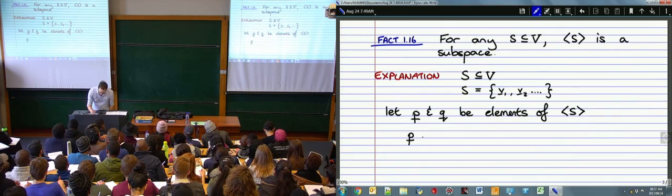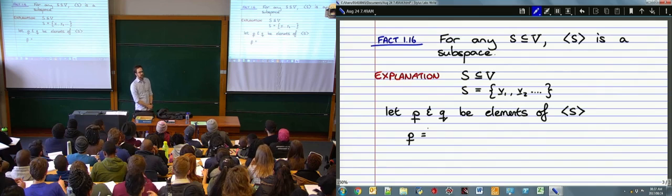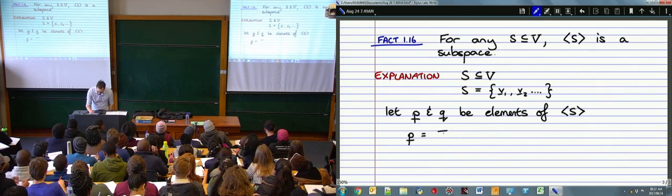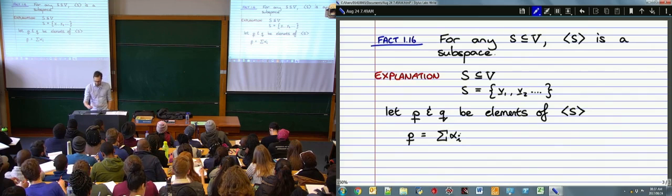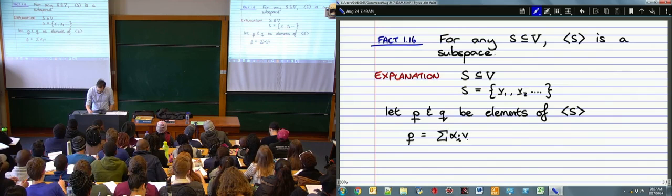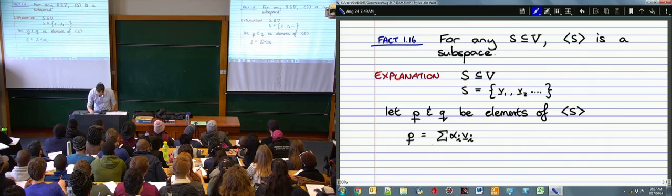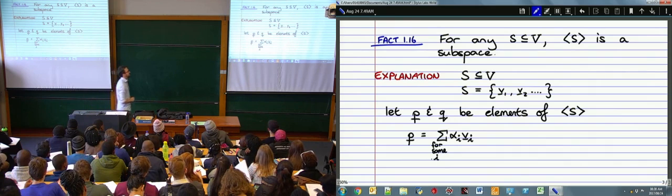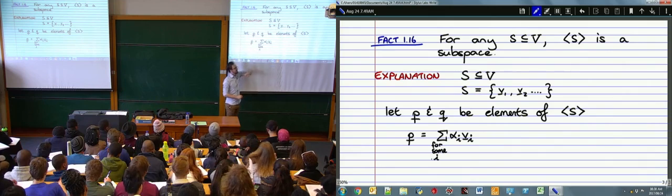P is going to be a linear combination of V1, V2, and so on. Right, so a linear combination, we can just write it as a sum of alpha i's times vi's. And we'll just sum over whichever ones go into making up P. P can't be an infinite sum of these vectors.